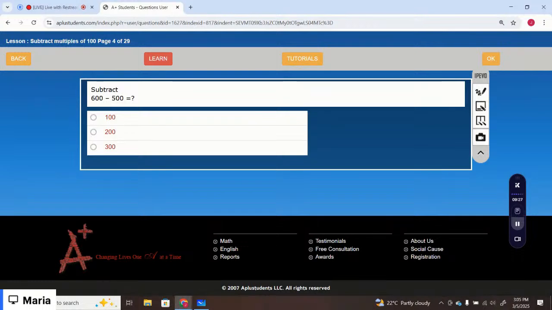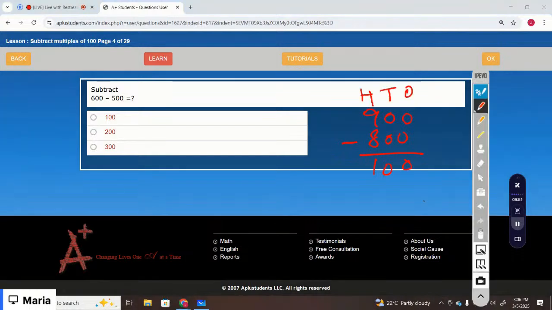600 minus 500. Let's just write them down one above the other, 600 minus 500.